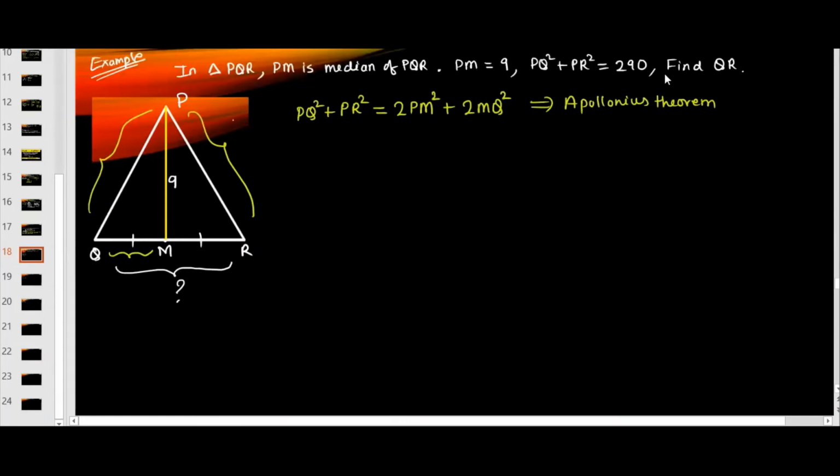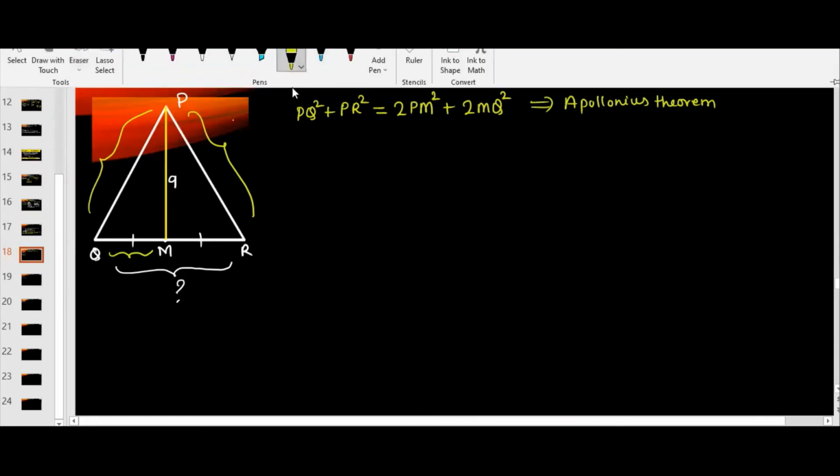Okay, so based on Apollonius theorem, we have written the theorem here, and now we are going to substitute the values which are given in the question. So let us substitute.